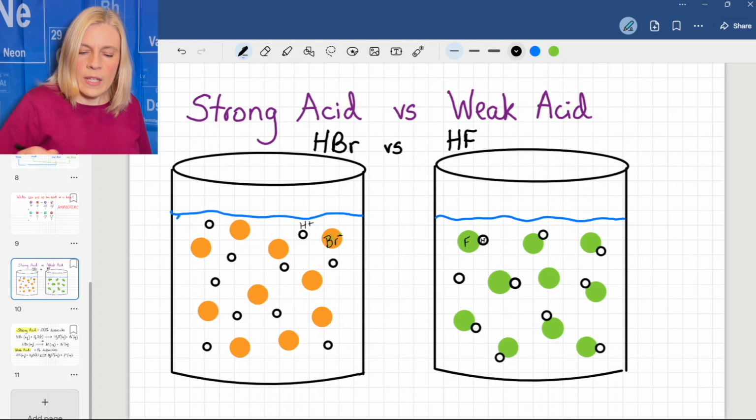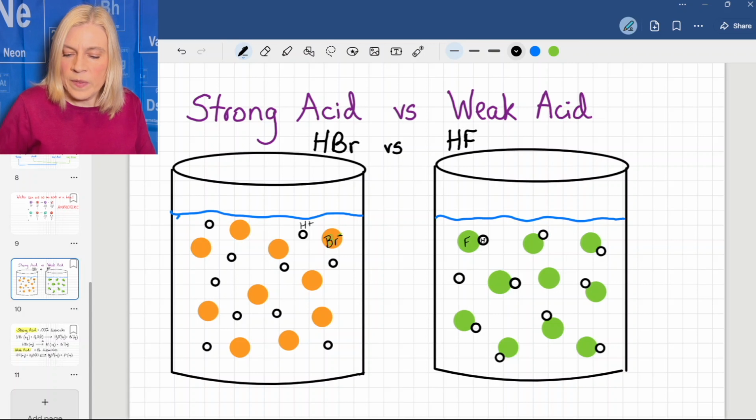When you put hydrobromic acid in water, it 100% dissociates. You can see every H+ is separated from its anion. That's your strong acid. Now look at the weak acid. We can see that nine molecules are together.